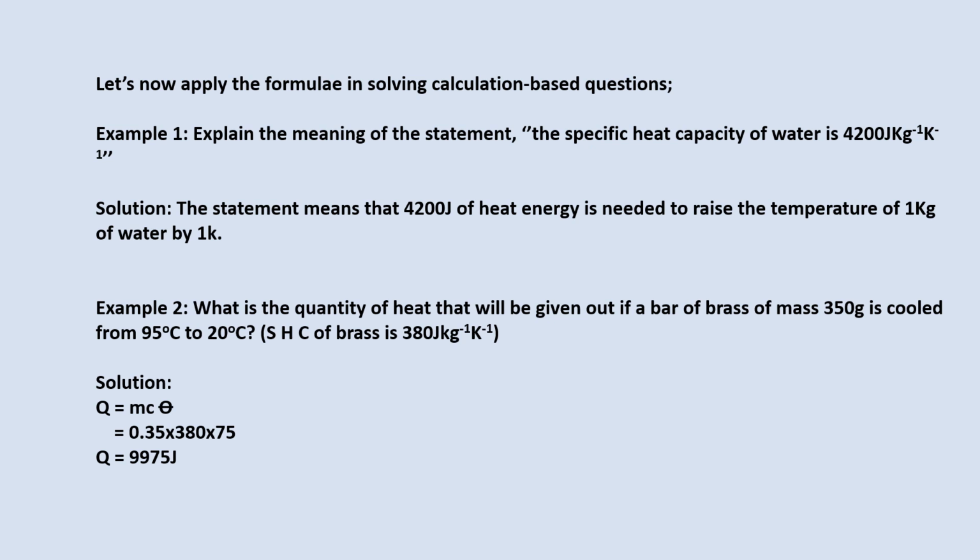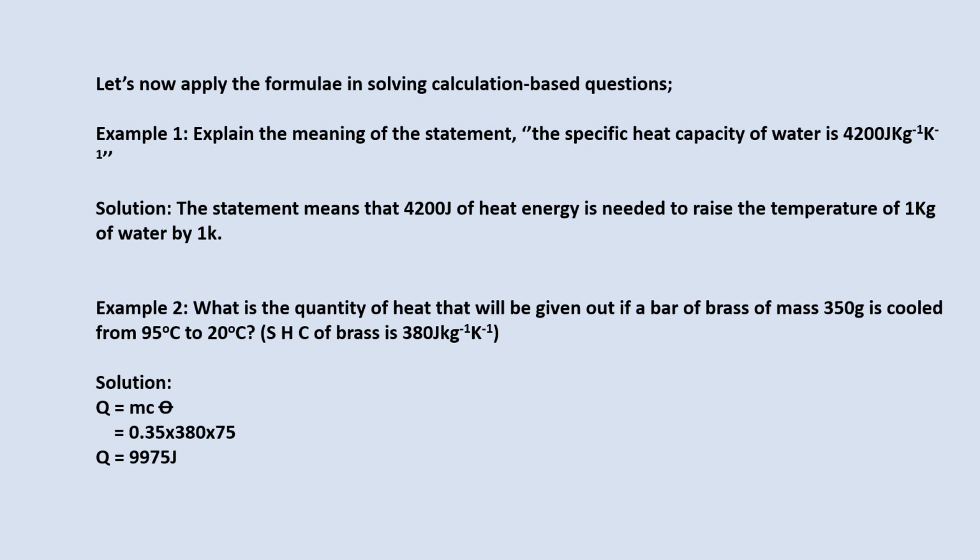Let's look at the second example. What is the quantity of heat that will be given out if a bar of brass of mass 350 grams is cooled from 95 degrees Celsius to 20 degrees Celsius, given that the specific heat capacity of brass is 380 joules per kilogram per Kelvin? How do we go about the solution? You all recall that the quantity of heat is given as mass times specific heat capacity times change in temperature.